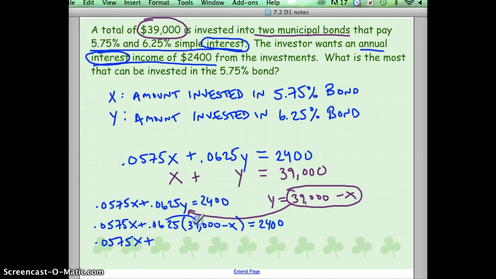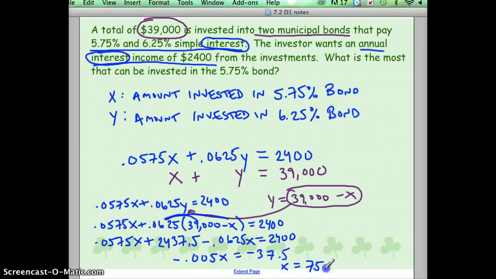If you distribute that through, you would get 2437.5, and distribute that through here, you'd have a negative 0.0625x. Okay, I'm almost running out of time. Keep solving. Okay, and when you divide, x is equal 7,500.